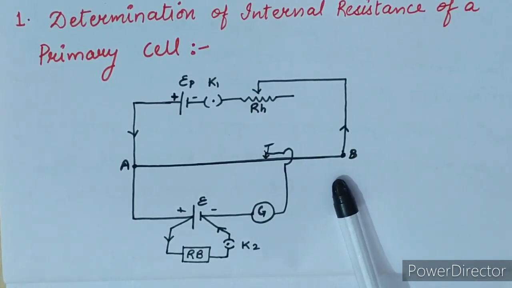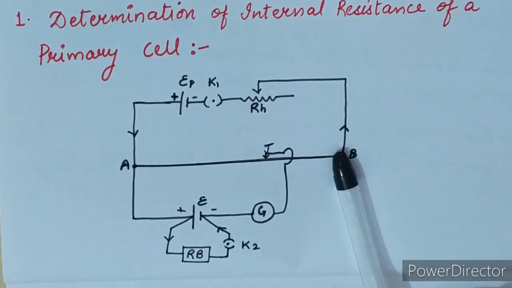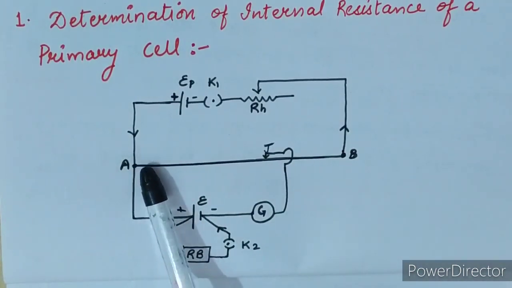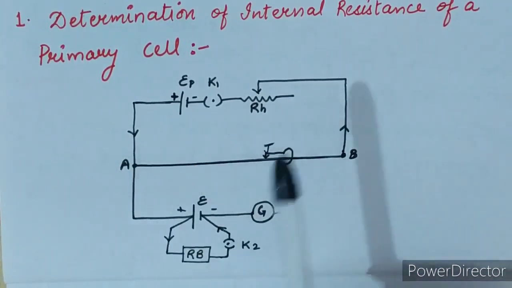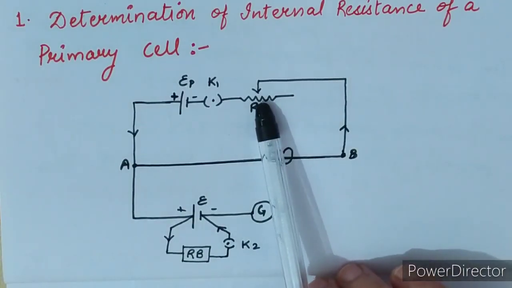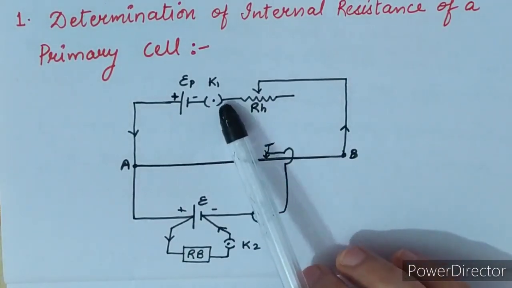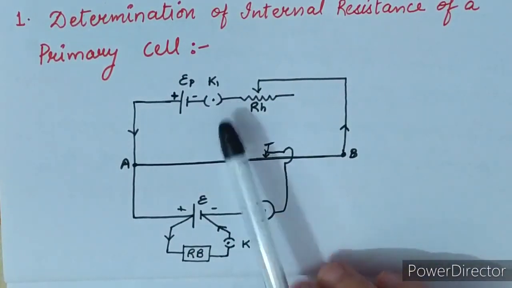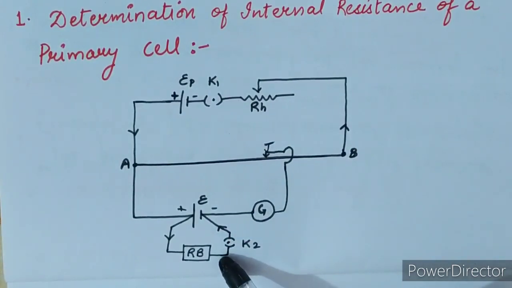Clear? Now move towards the working. What do we have to do? First of all, K1 is closed and K2 will remain open, meaning we switch on key K1 and switch off key K2.